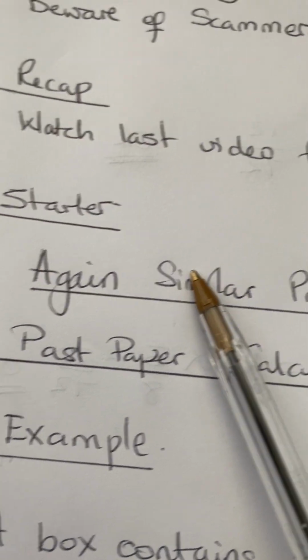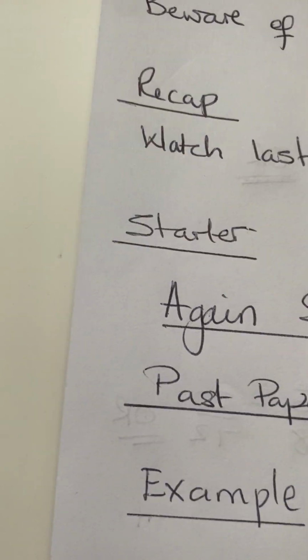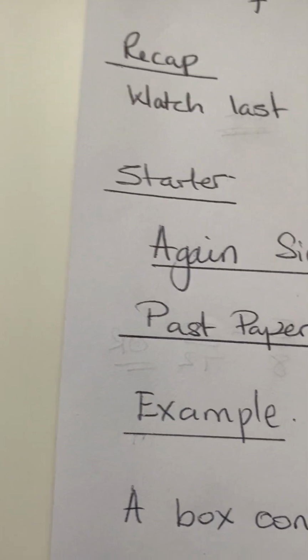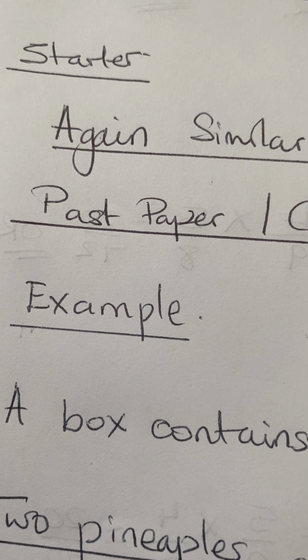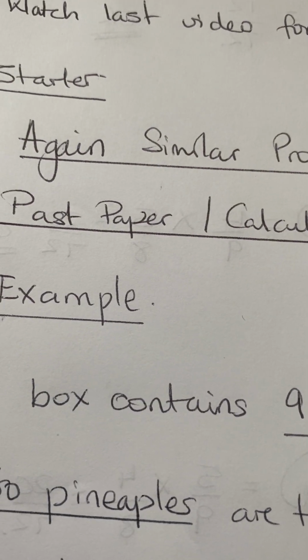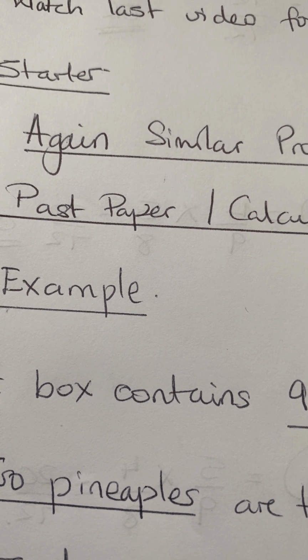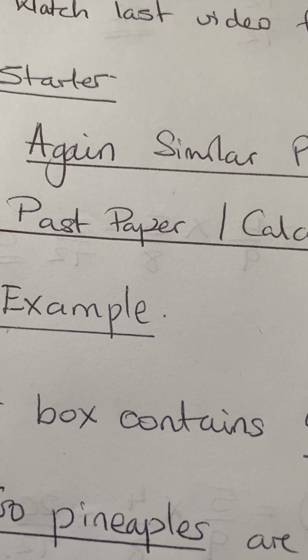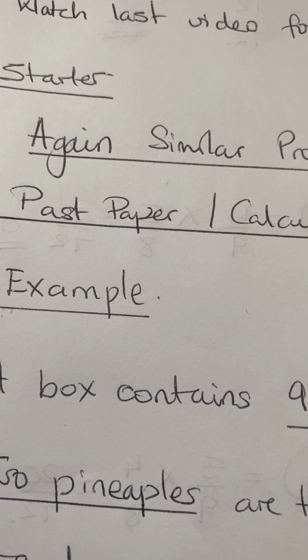Now recap. Watch the last video for the recap. Now starter. It's amazing if you go into the past papers, some of the questions are very similar. Same numbers, similar wording, but they've just twisted it a bit.